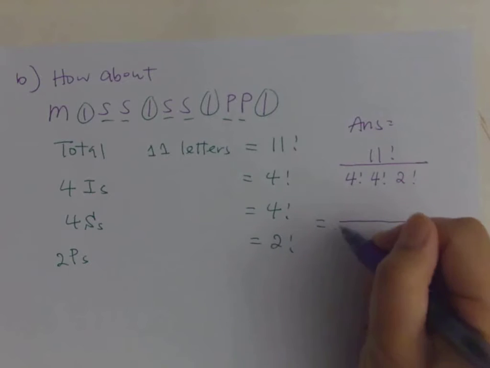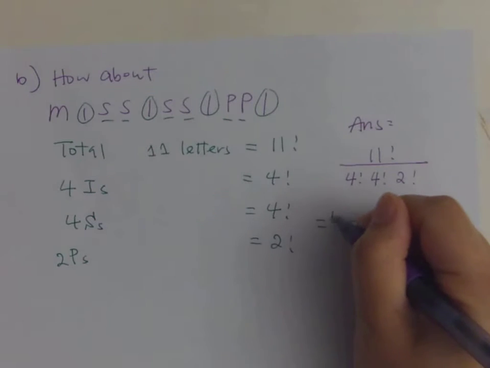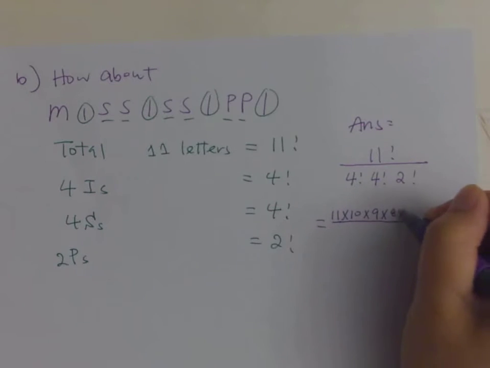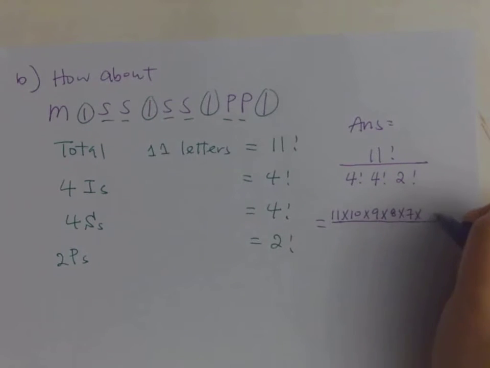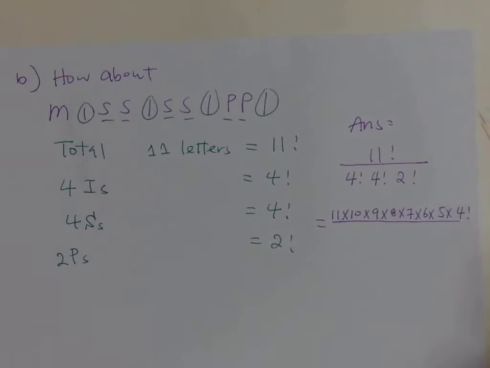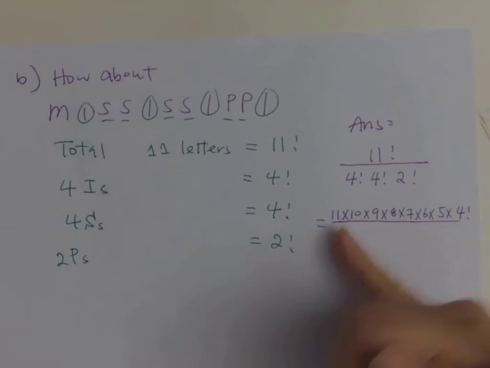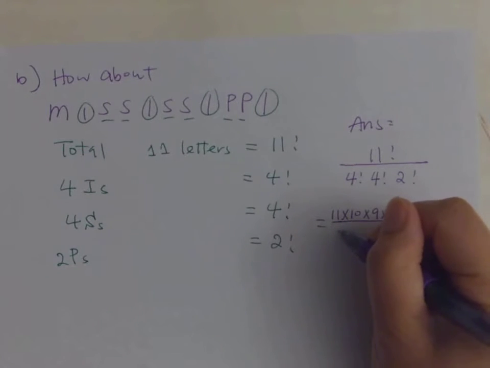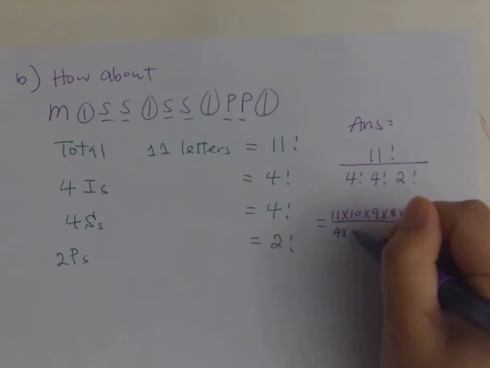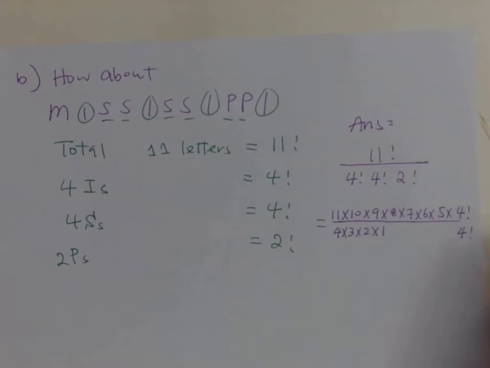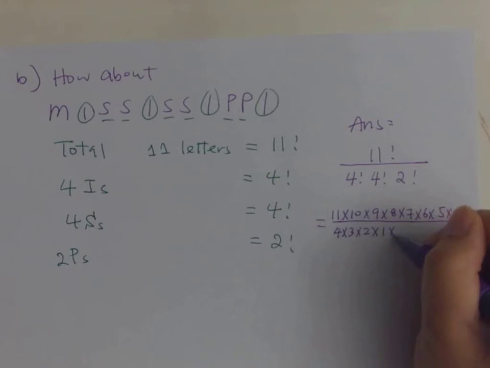And you cannot plug this into the calculator. So 11, 10, 9, 8, 7, 6, 5, 4 factorial, right? Let's make sure I did it right: 4, 5, 6, 7, 8, 9, 10, 11. And then we have 4, 3, 2, 1, and then I can cancel one 4 factorial, and then this one would be 2 times 1, right?